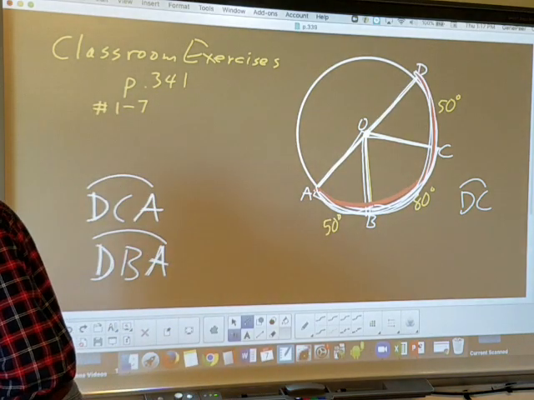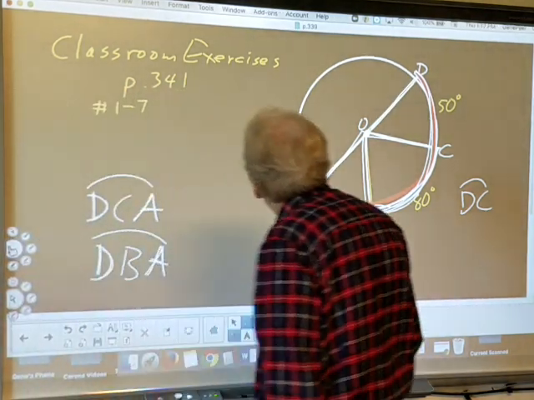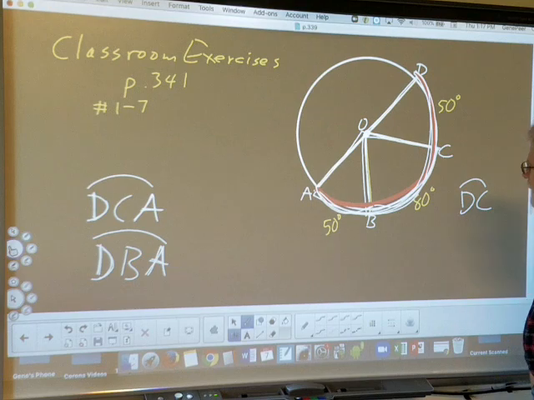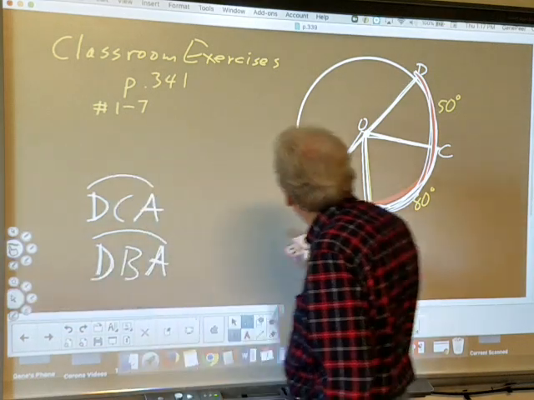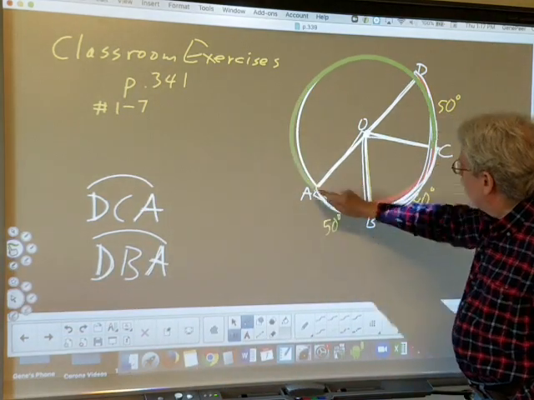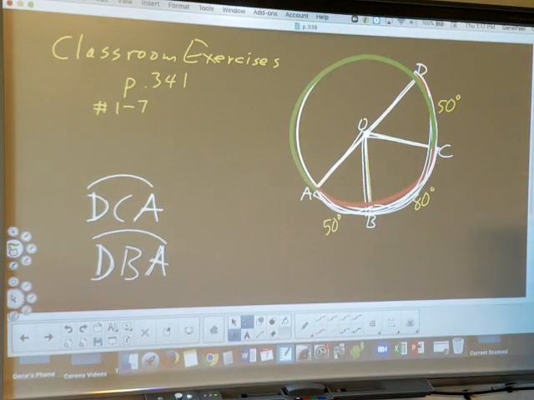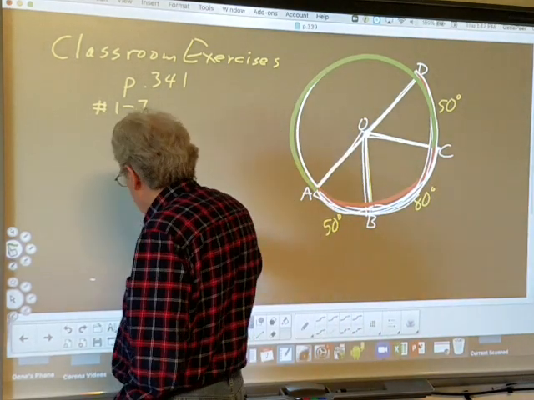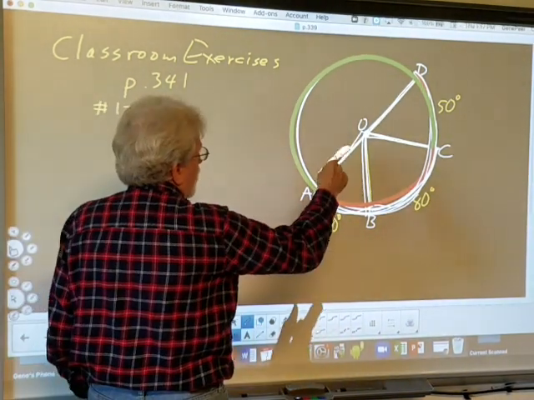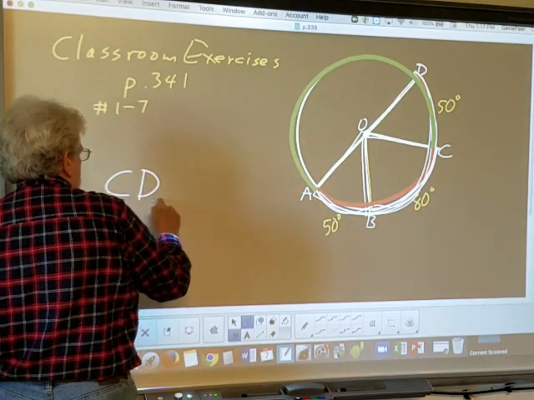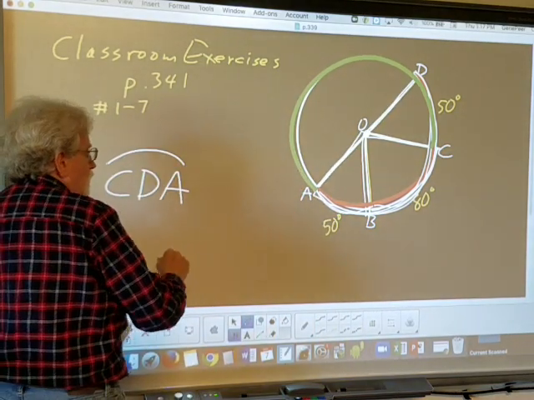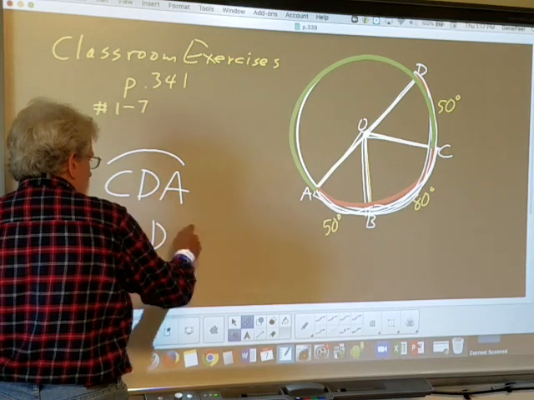The next question says, name two major arcs. Okay, we can handle that. More than half a circle. I'll just name one just to save some time here. One major arc would be, how about this green one? What green one? This green one. There's a major arc, more than half the circle. Its name would be either arc CDA, or I could call it ADC.